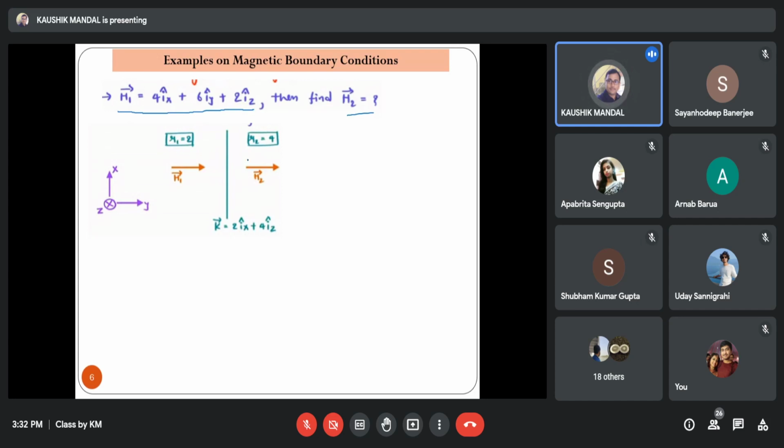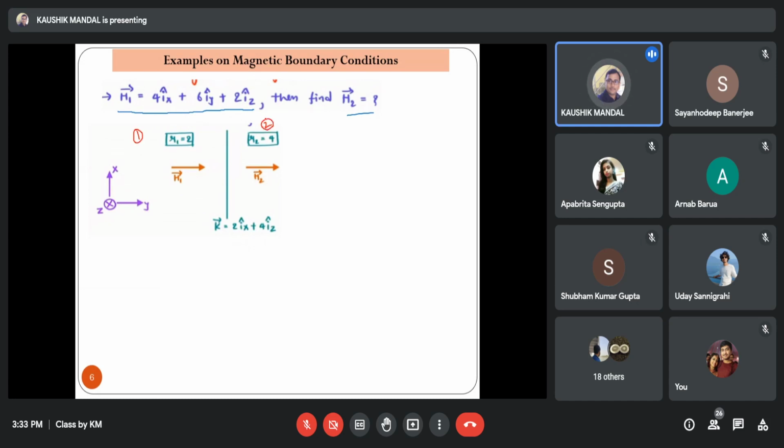Two media, medium 1 and medium 2, are separated by a surface where the surface current per unit length K is given, K equal to 2ix plus 4iz, and the magnetic field is moving from medium 1 to medium 2. You should remember that in this example the magnetic field is moving from medium 1 to medium 2.